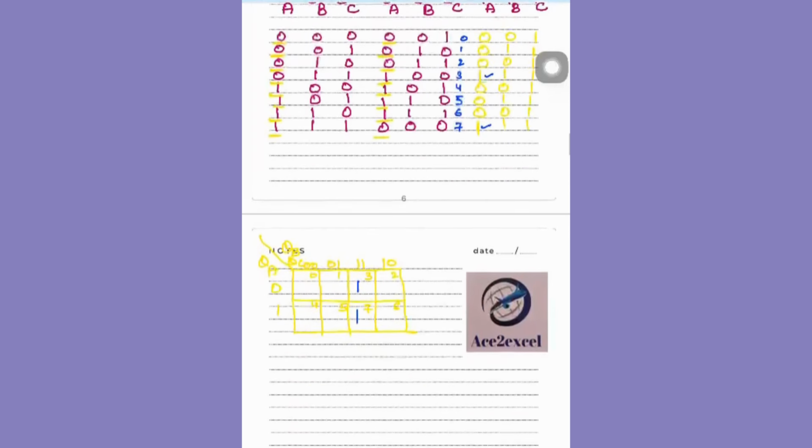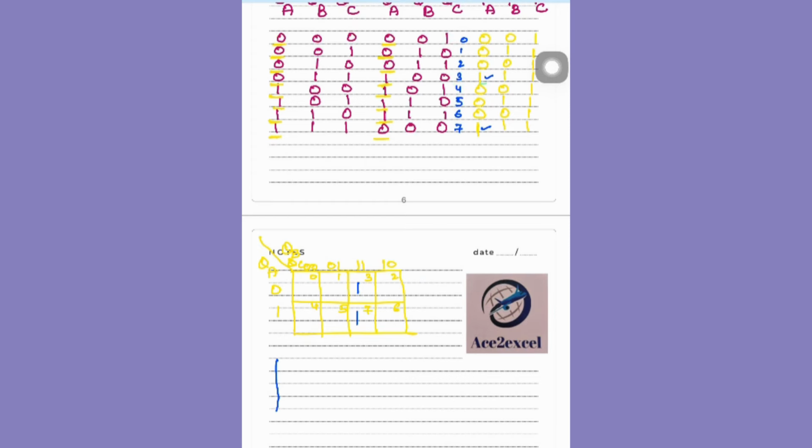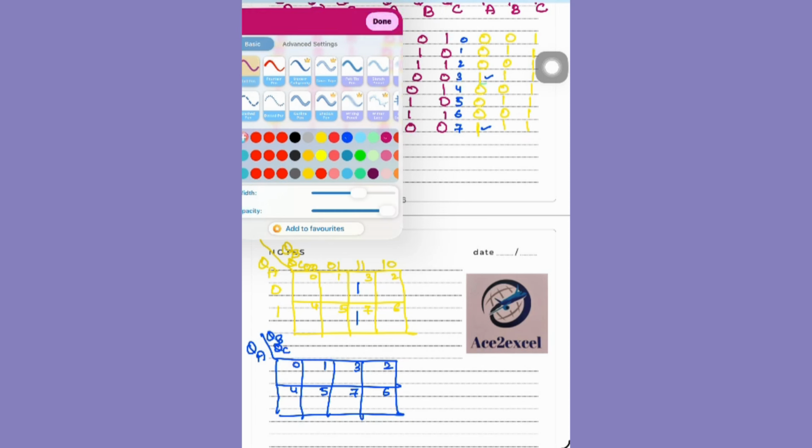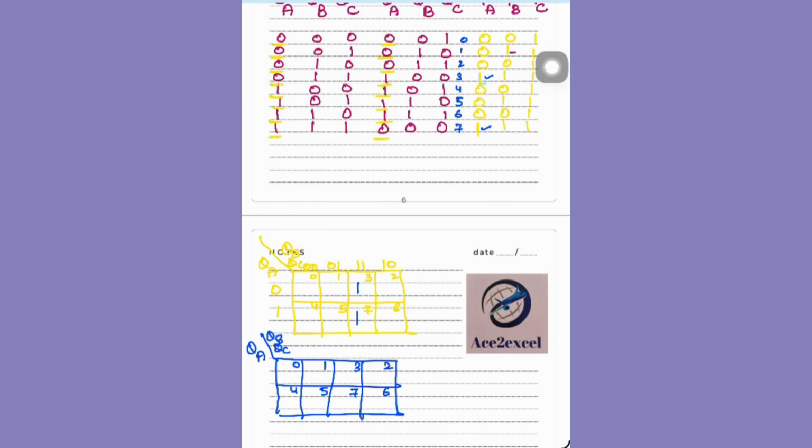Similarly, I will be plotting it for TB. Again, the values are QA, QB, QC. I'll number the cells first: 0, 1, 2, 3, 4, 5, 6, 7. Now this time it is high at 1, 3, 5, 7.